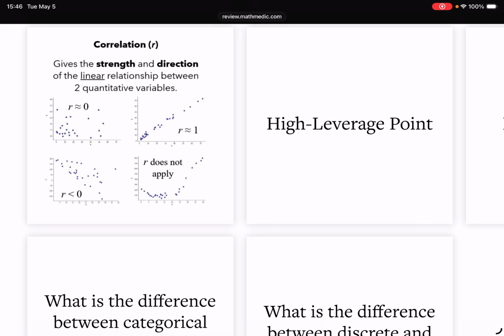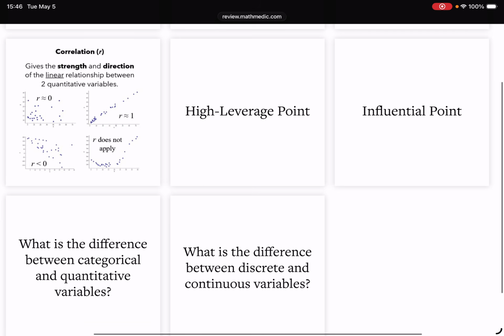The other one is going to be less than 0, so not exactly -1 because it's not a negative slope in a perfect sense, but it is going towards that. So we know it's definitely going to be less than 0. And then the last graph, notice how we see a curved pattern. So it's starting to go down towards that x-axis and then curve back up. When we have a curved pattern, then r doesn't apply. It only applies to linear patterns.